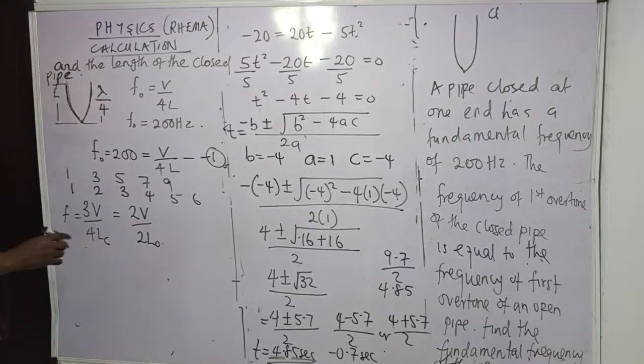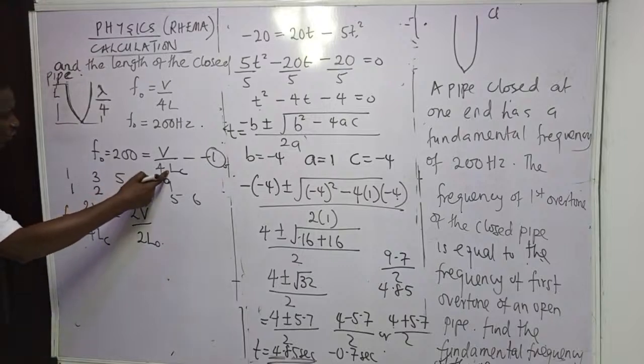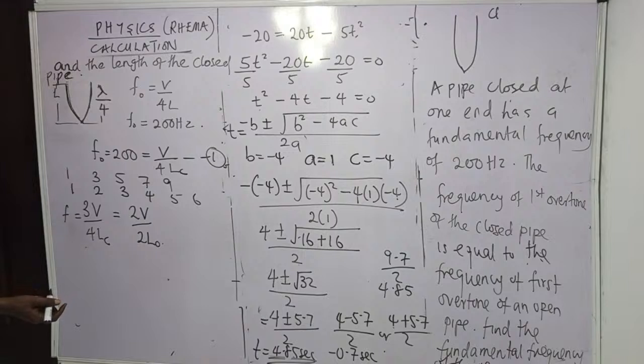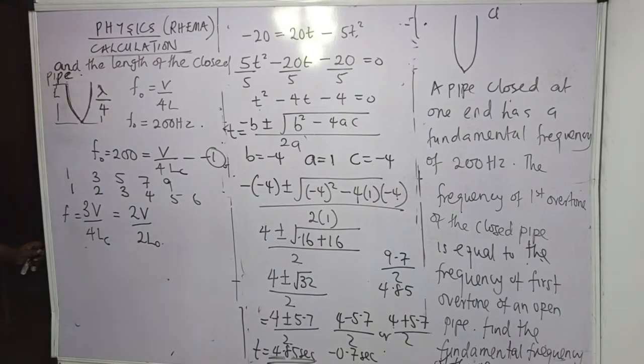Now, recall, this is the closed pipe, don't forget. Recall that, listen, I can make 4L the subject of the formula here. If I do that, what am I going to have? V over 200. Is that not true? Yes, V over 200. So we can now work without that one.